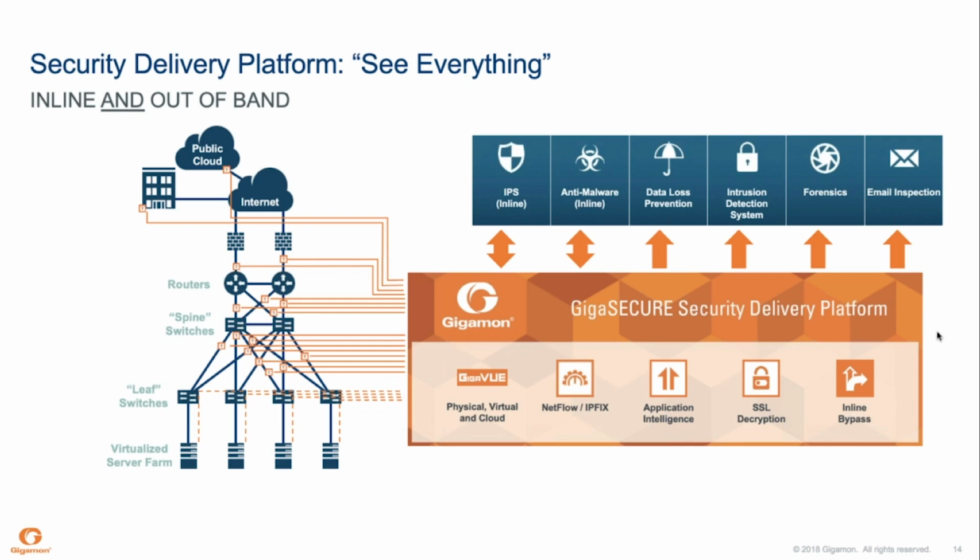With us, you can plug in all of these tools side by side. You can put one before the other and get a real apples-to-apples comparison to look at the effectiveness of these different tools. So POCing new tools becomes much, much easier having a platform that's inline, that's dishing out the traffic.